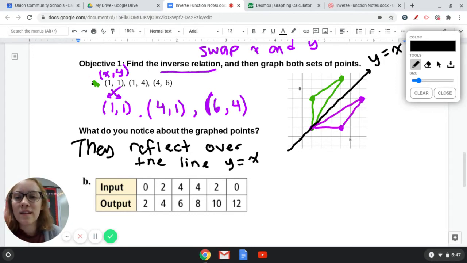All right, now let's take a look at part B. We have an input-output table. And just remember that input always corresponds to x and output always corresponds to y. So we'll create an inverse table where we're going to swap the x's and the y's.